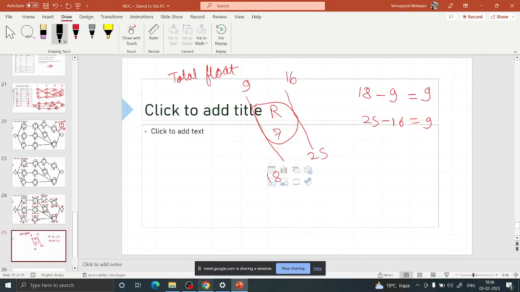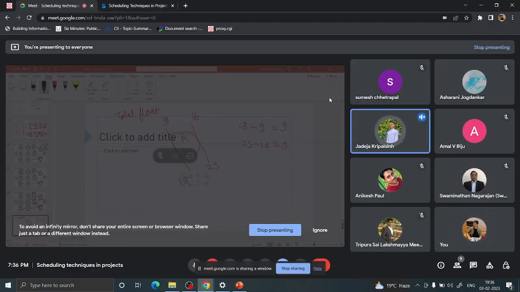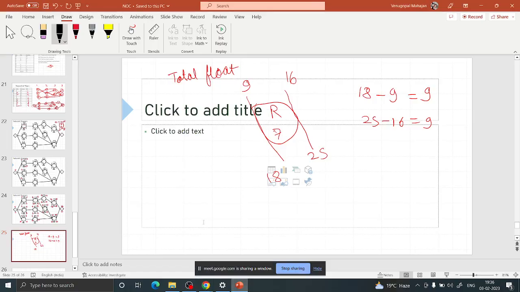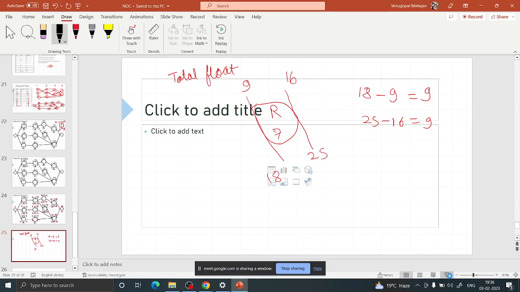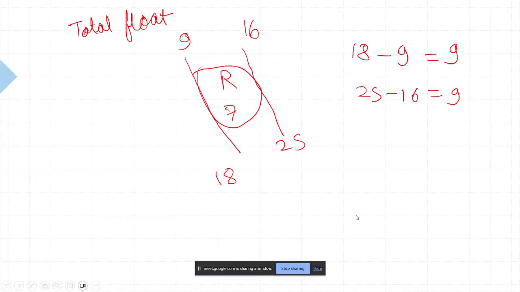Let me see if you guys are here or not. Anything else? Okay. So numerically you guys are correct, but from the definition perspective I would always go like this only.